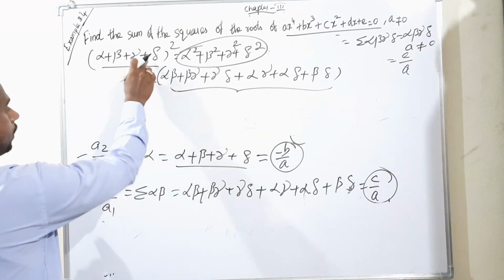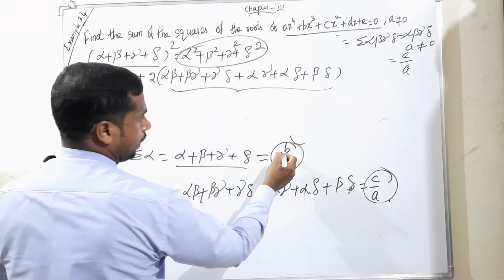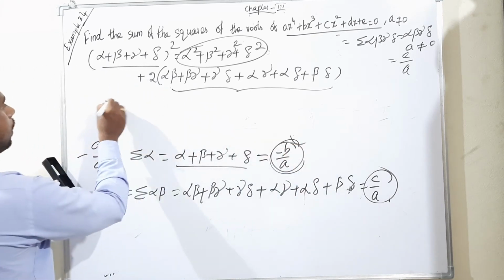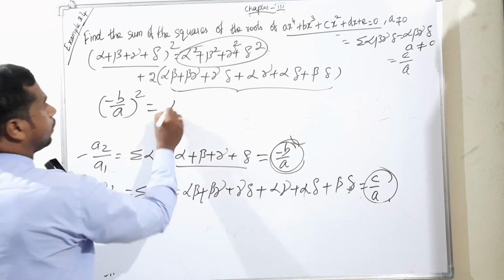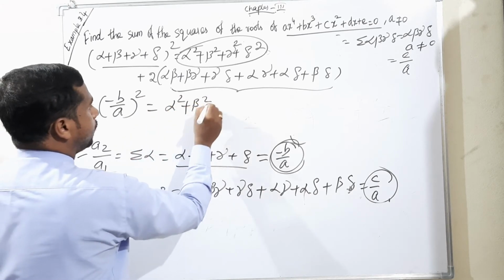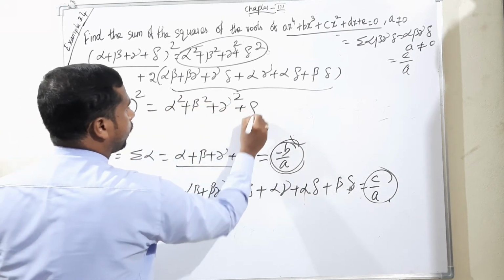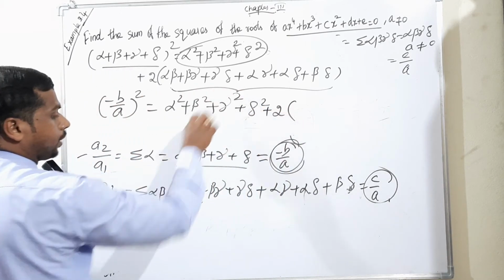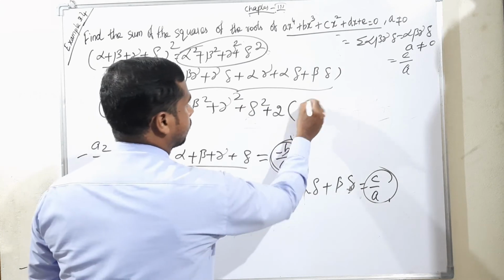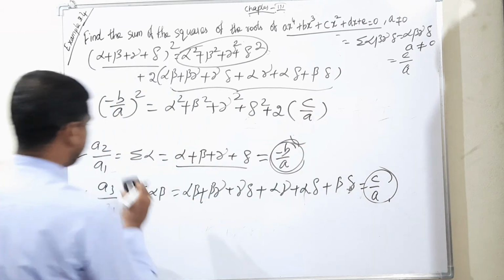Now, when we take the whole square of alpha plus beta plus gamma plus delta, how do we write it? Minus b by a the whole square is equal to alpha square plus beta square plus gamma square plus delta square plus two into the sum of the product taken two at a time, c by a.